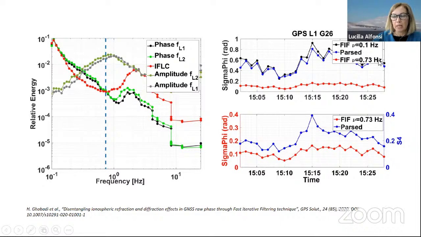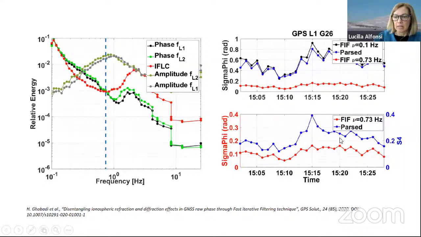But if you apply the cutoff frequency that you derive from this exercise, the level of the phase scintillation is much lower than what is given by the computation on the basis of the default cutoff provided by the receiver. If you compare the S4 that is in blue with the sigma phi calculated with the new cutoff frequency, you can see that the behavior is very, very similar in the changes.